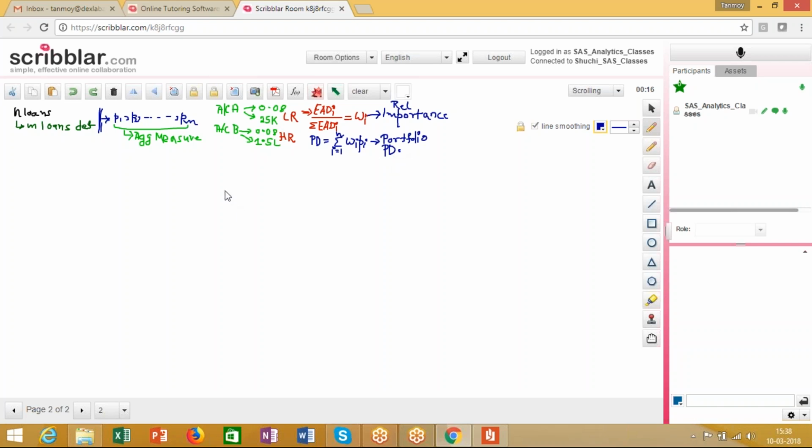Okay. Now having discussed the basic measures of central tendency, the next measure that we talk about over here is the measures of dispersion. So what is dispersion? Dispersion is nothing but the measure of variability.